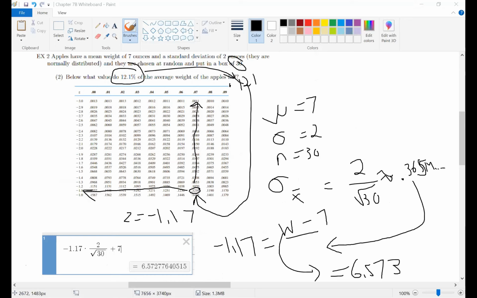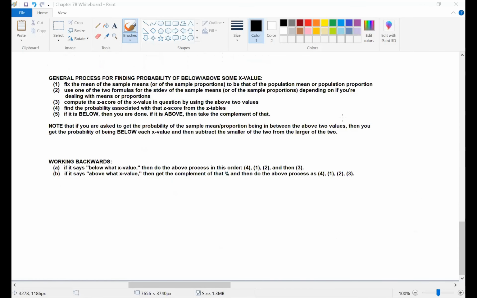This was negative 1.1 and 0.07, so negative 1.17. From there, it's pretty elementary. Compared to chapter 6, the only extra step is you have to get the correct standard deviation. Now, I'm going to have you do a practice one, but now let's go back to this, working backwards. If I say below what value, do the above quite literally backwards.